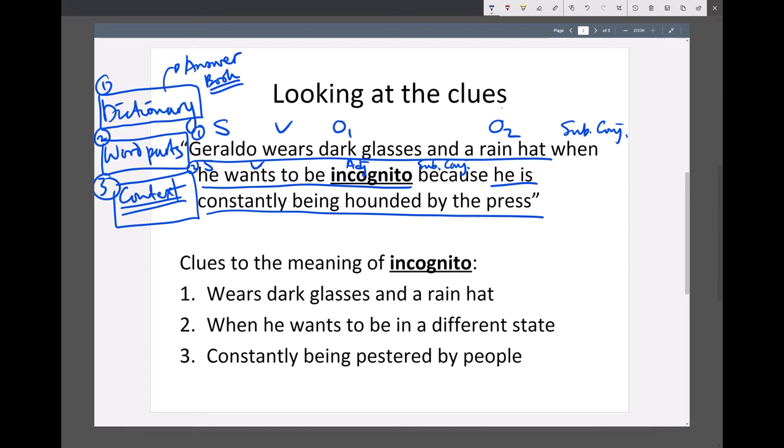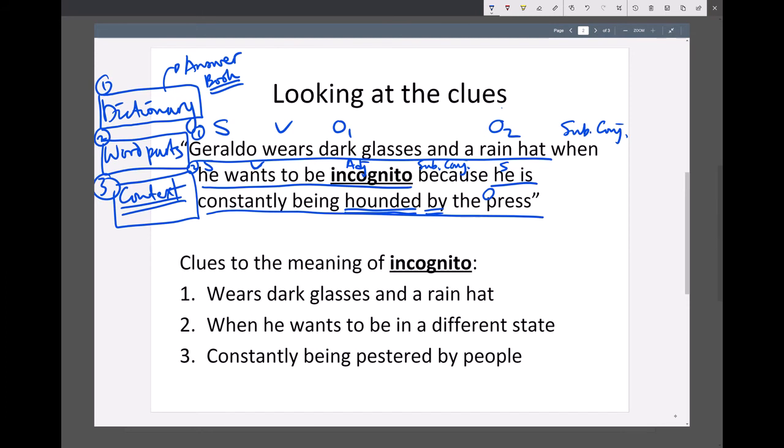Is hounded by, so the press here is the subject, or in this case, in the passive voice, he, the object, is being done something to. It's hounding him. You can probably guess the meaning of this word.